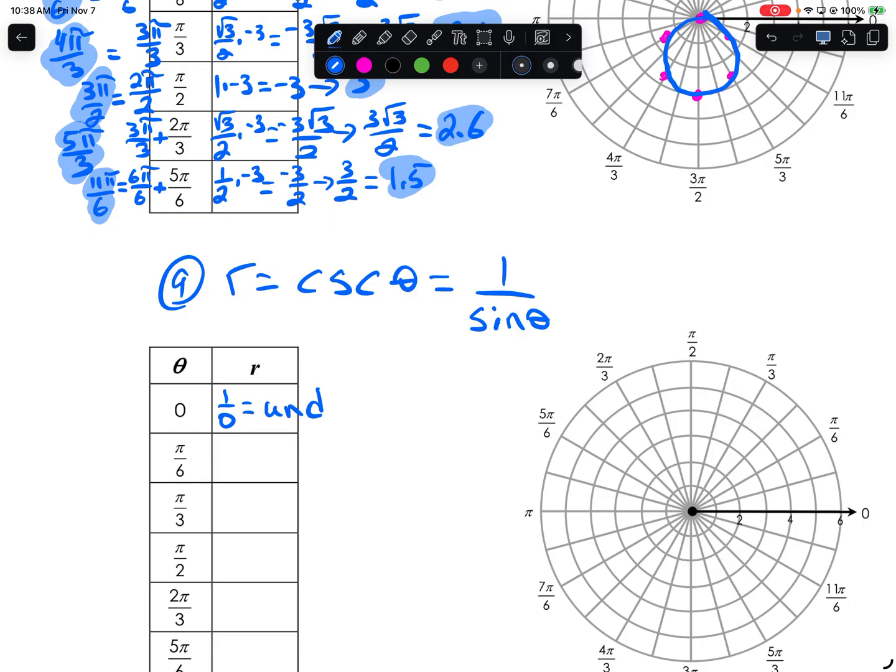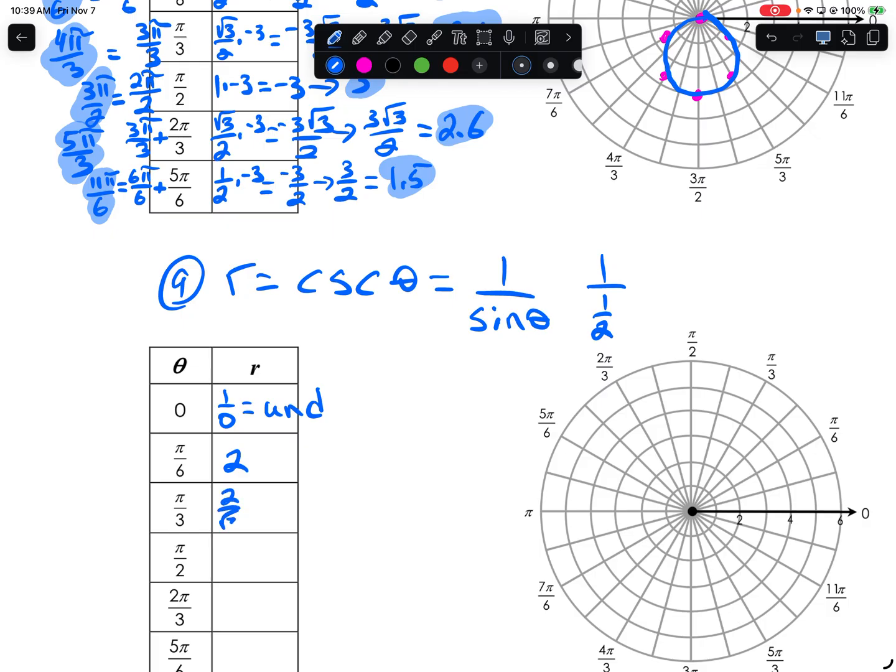So we're doing y values again, right? So pi over 6 is, so what do I have to do? If I get 1/2, it would be 1 over 1/2. Copy dot flip. So if I see 1/2, what do I just do with 1/2? Just flip it, right? So I'm just going to write 2 right there. And then if I look at pi over 3, I have 2 over root 3.